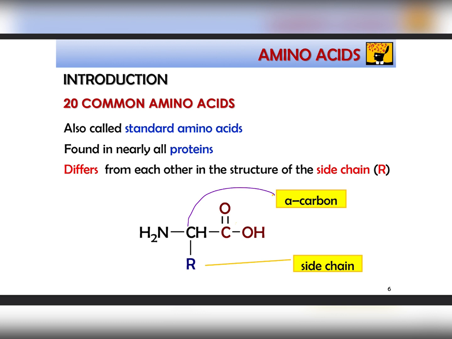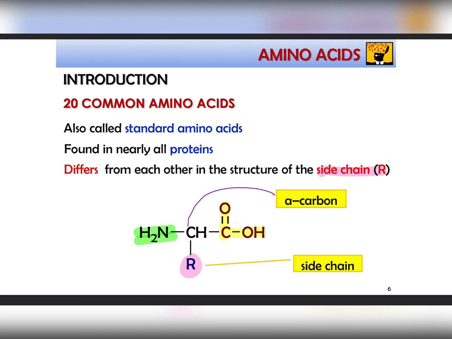Okay, so apa yang membezakan all these 20 amino acid adalah dia punya side chain. Okay, bahagian R group tu. So this part yang membezakan the 20 amino acid. So bahagian kiri, this is the NH2 amino group and this one is the right hand side carboxyl.